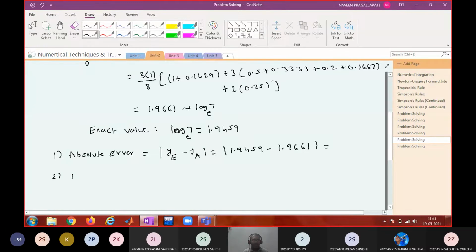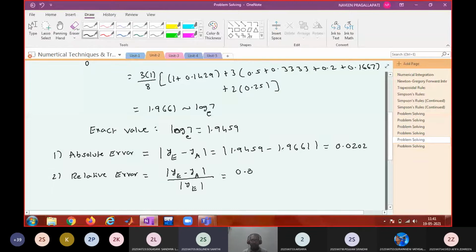Similarly, relative error. What is the difference? 1.9459 minus 1.9661, 0.0202, sir.